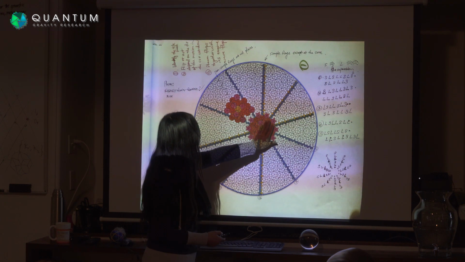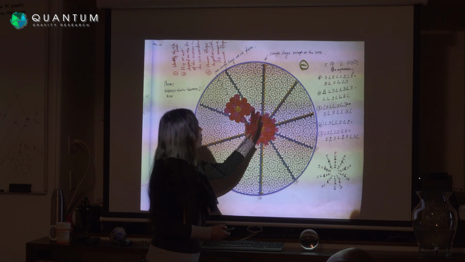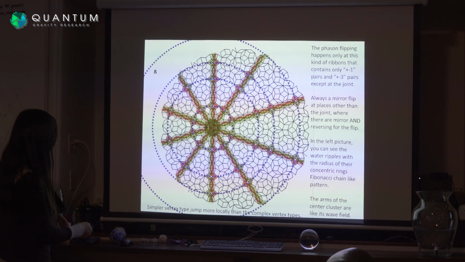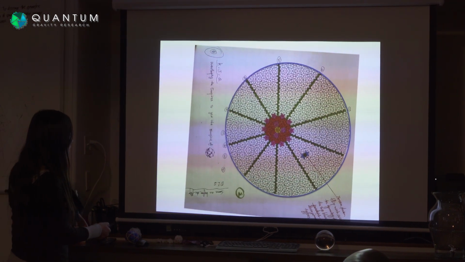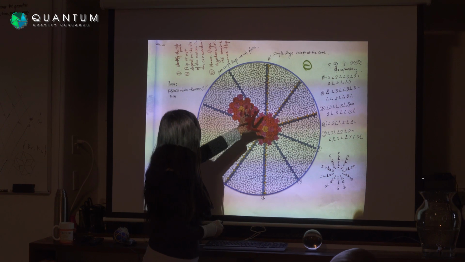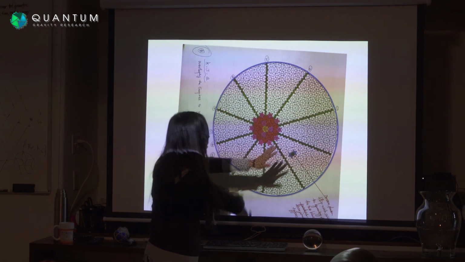It's like totally just rotating this thing, or just a mirror flip of this whole structure. So you can see, if I just mirror flip the whole structure, this is before, this is after. If I just mirror flip the picture, they look identical.